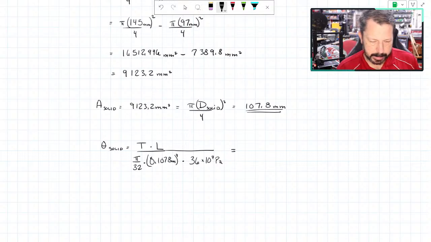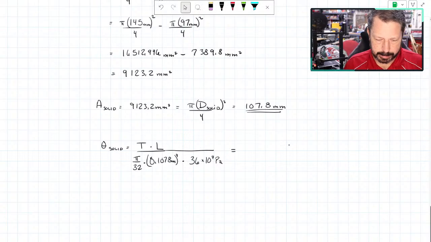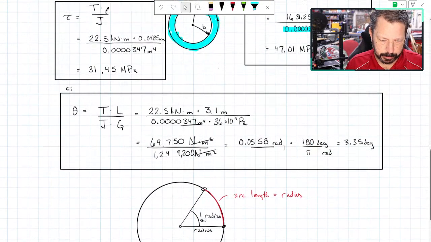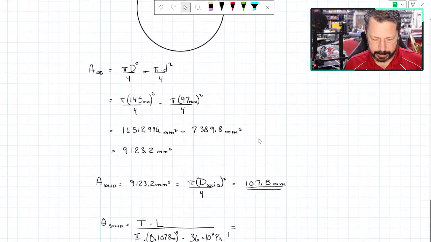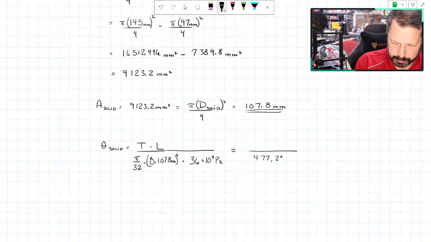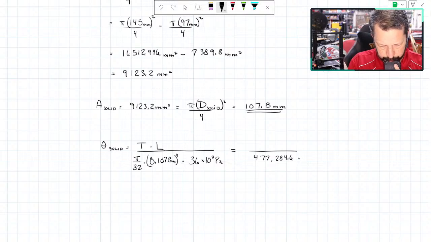Oh, I didn't put T and L in my equation. T is the same number, 22,500. Let me write down my denominator before I lose it: 477,284.6, and those units end up being Newton meters squared.